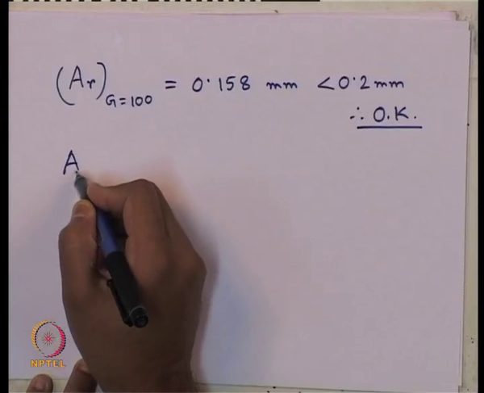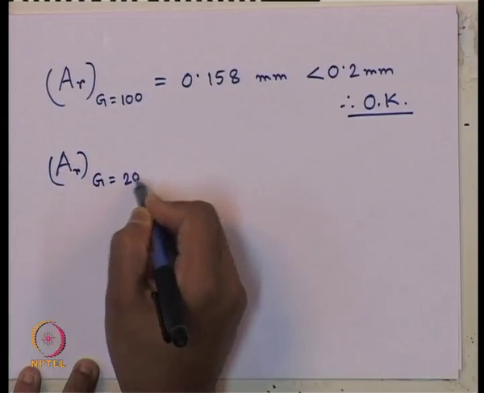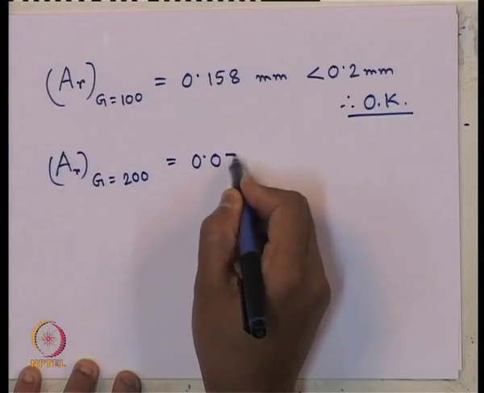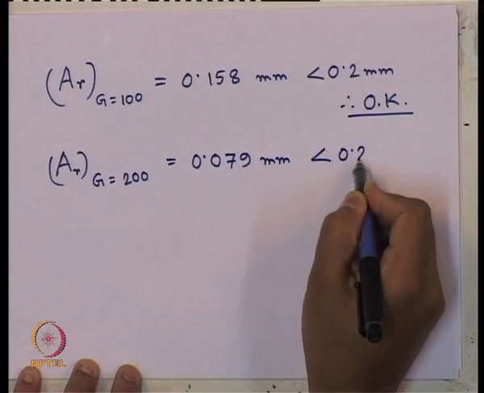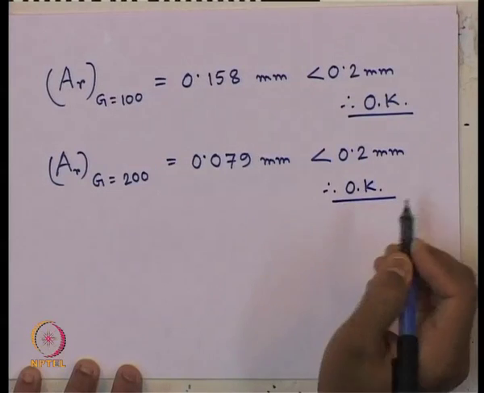And AR for G equals to 200 will be again half of this, 0.079 millimeter, which is less than 0.2 mm. Therefore, here also the design is okay.